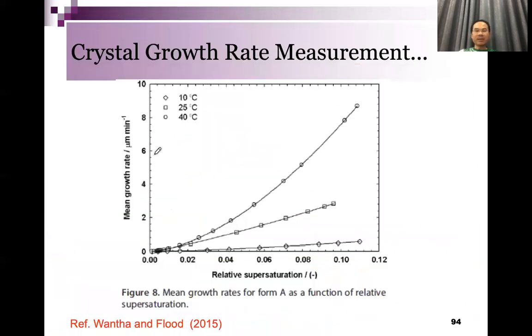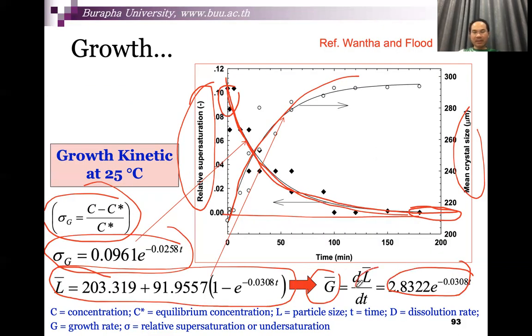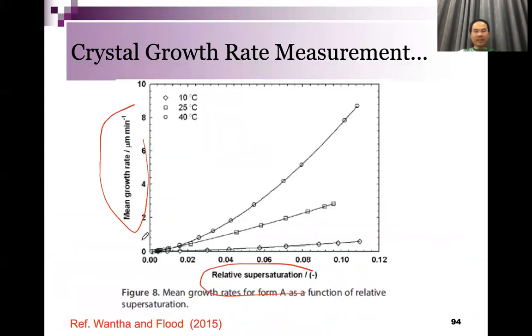And then you can plot the mean growth rate against supersaturation. The mean growth rate you calculate from this equation, and supersaturation you calculate from this equation. You substitute the same time, you get supersaturation, and with supersaturation, you get the growth rate. It shows you the growth rate as a function of supersaturation, or growth rate as a function of concentration.